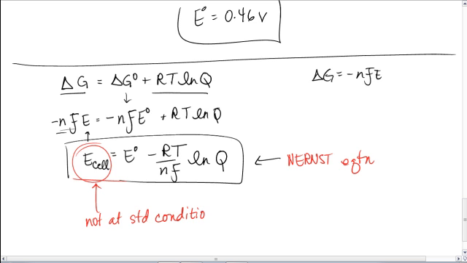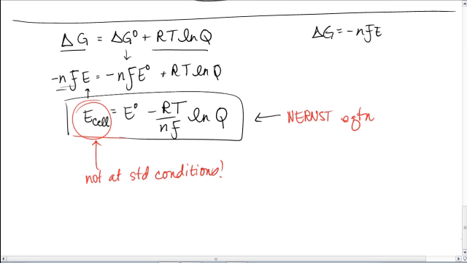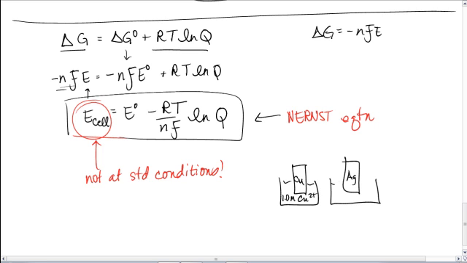You know, you don't want 1 molar solutions in your beaker, or as soon as the battery runs, they're not 1 molar anyway. So let's think back to our battery and the one I just did before. I'll just kind of redraw this picture. Here's our 1 molar copper ion, here's my piece of silver, and my 1 molar silver ion and salt bridge and wires and all of that stuff at 25 degrees.